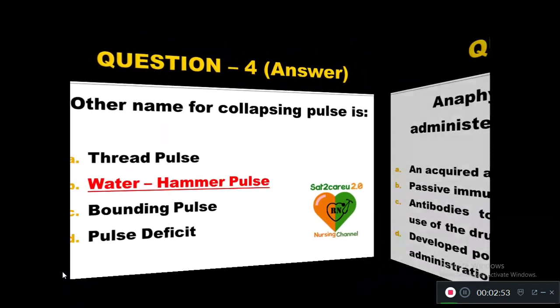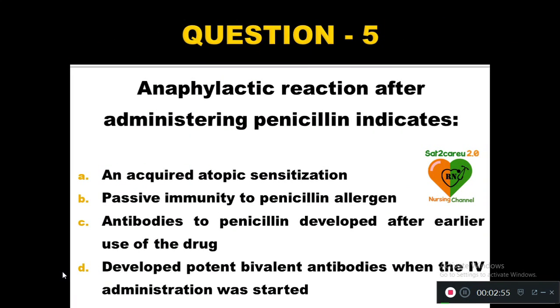Question number 5. Anaphylactic reaction after administering penicillin indicates option A, an acquired atopic sensitization, option B, passive immunity to penicillin allergens, option C, antibodies to penicillin developed after early use of the drug, option D, developed potent bivalent antibodies when the IV administration was started.